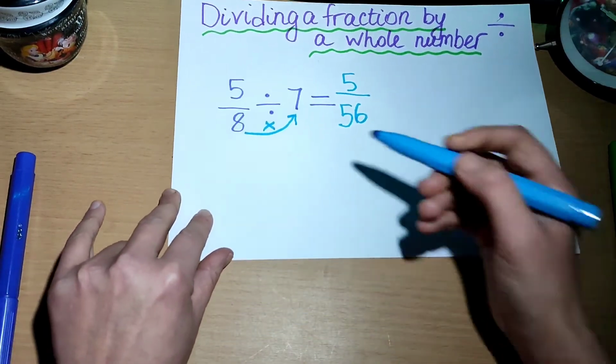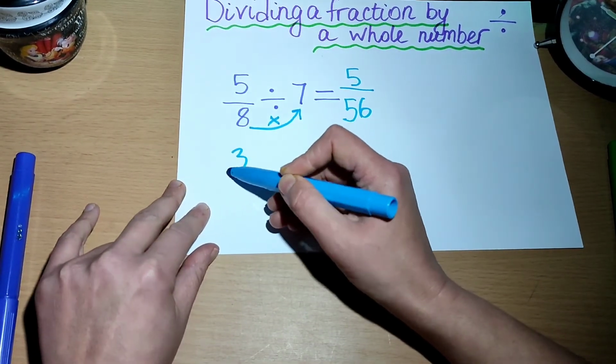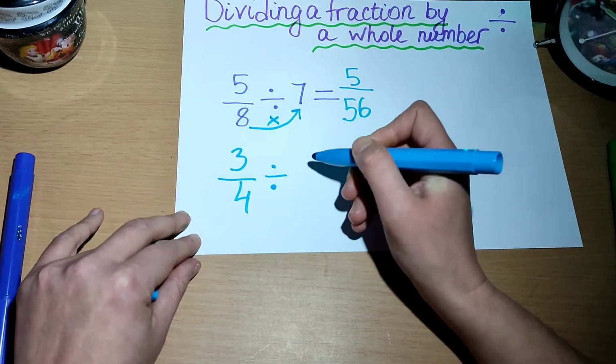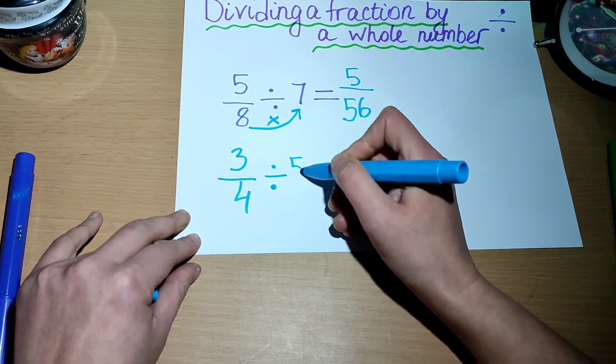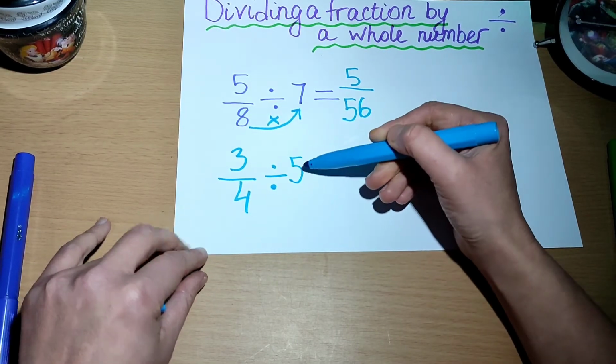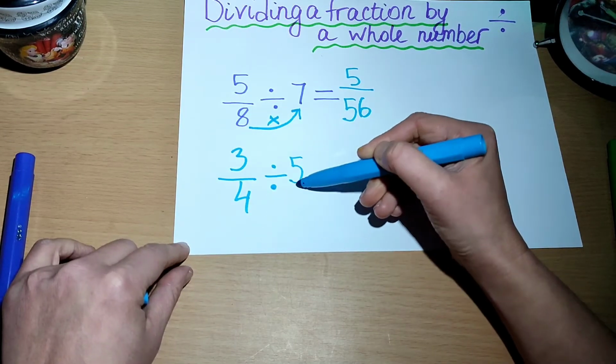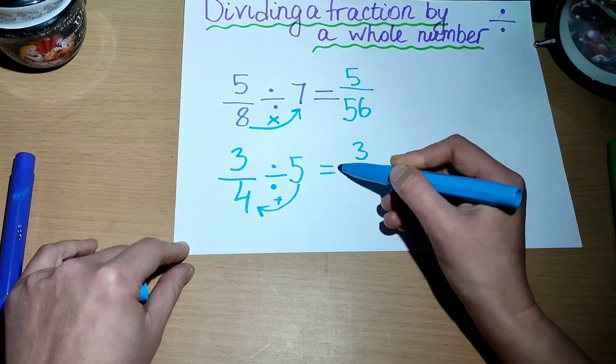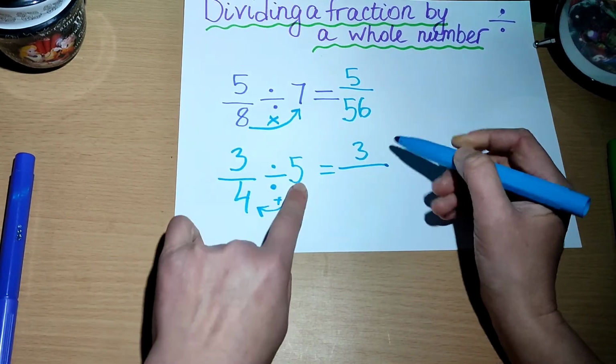Let's have a look at another example. 3/4 divided by 5. Okay, fraction divided by a whole number is times the bottom. So the numerator stays the same. 4 times 5 is 20.